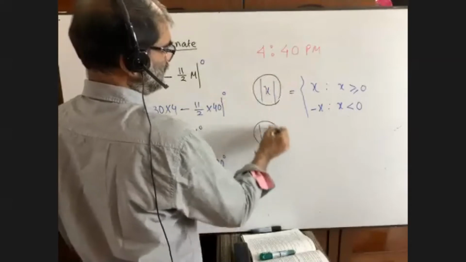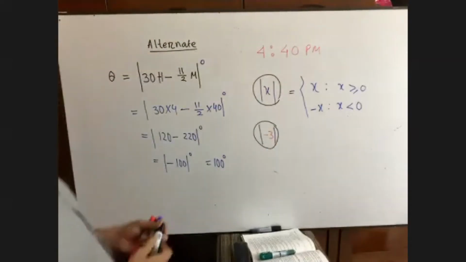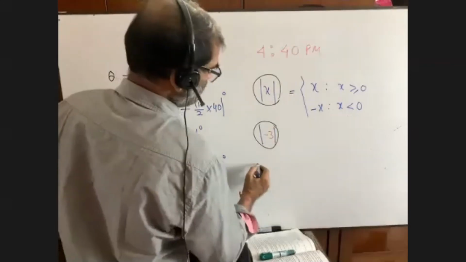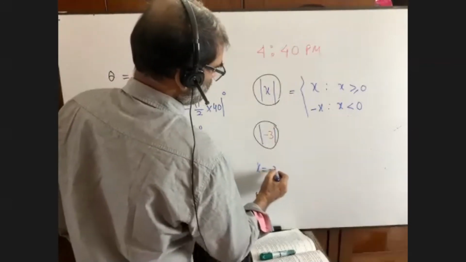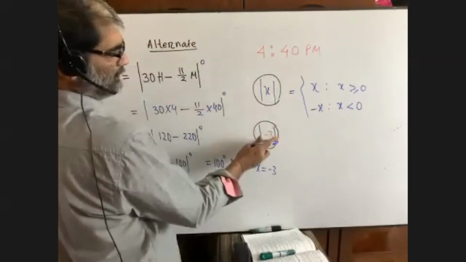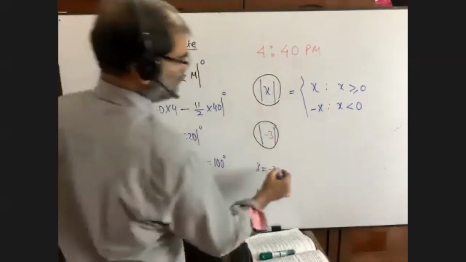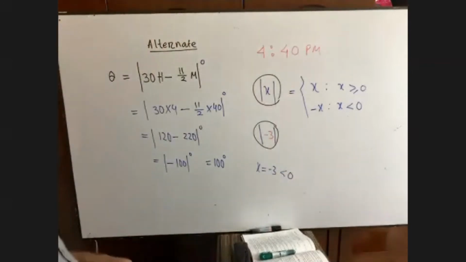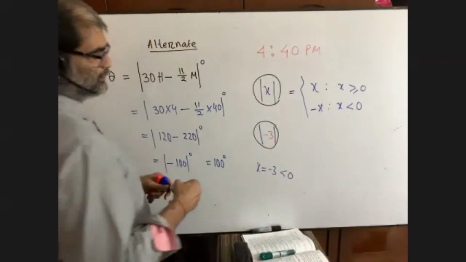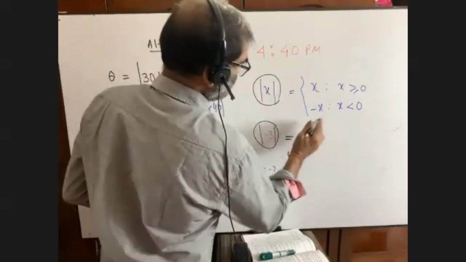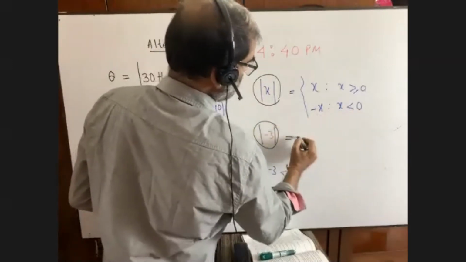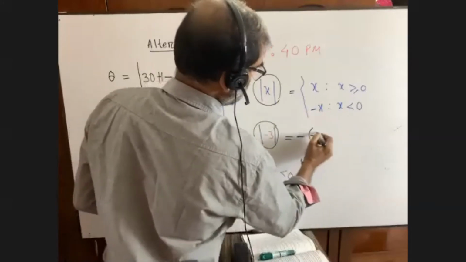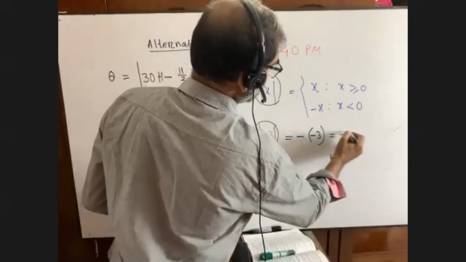Here, the value of x is minus 3, which is less than 0. Okay, very good. If it is less than 0, then the value is minus x. x is minus 3, so it is plus 3.